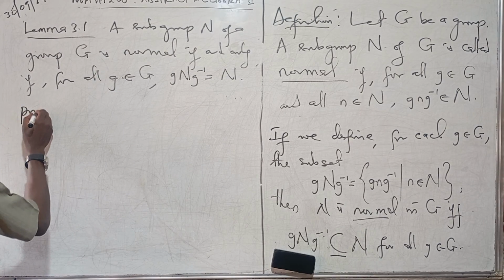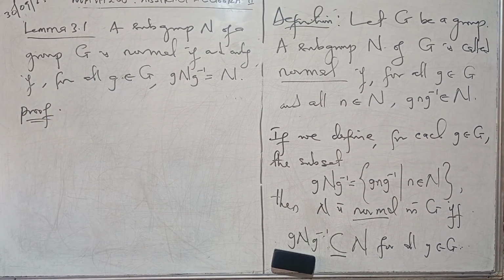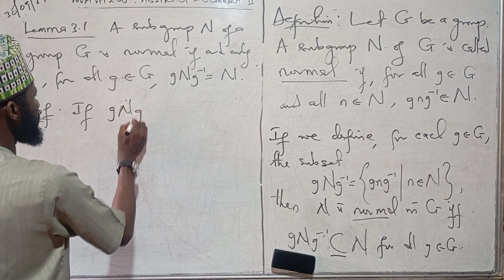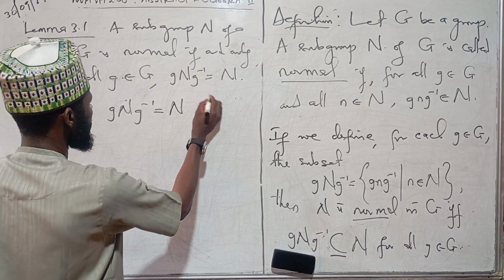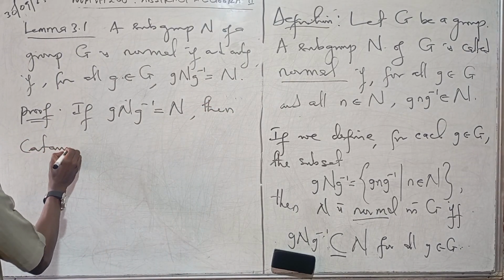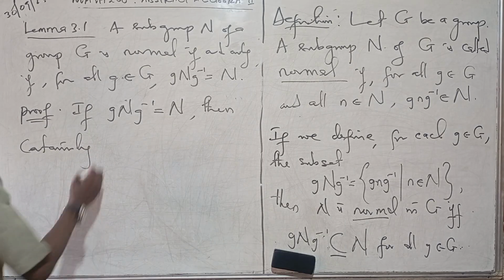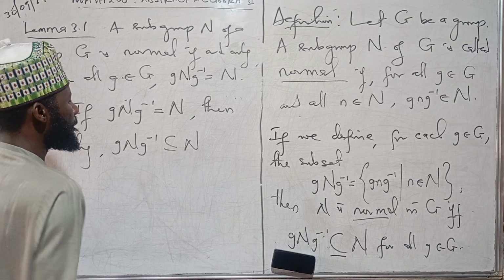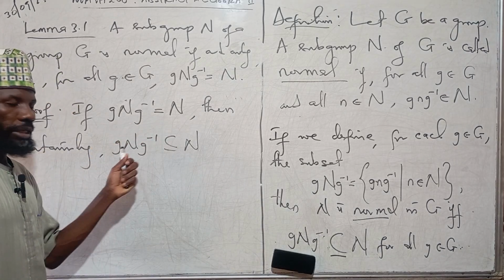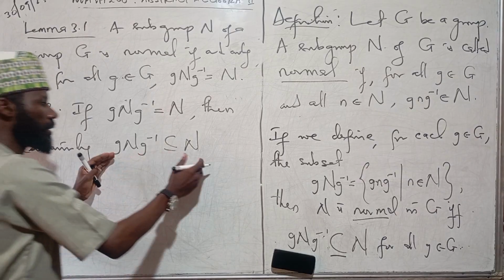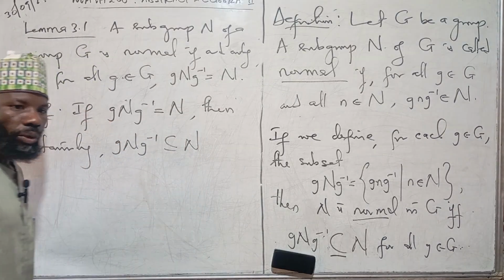So we can prove this very easily. Well, if gNg inverse is equal to N, then certainly gNg inverse is a subset of N. If equality happens, then this set is contained in there, because this is one half of the condition that says equality.